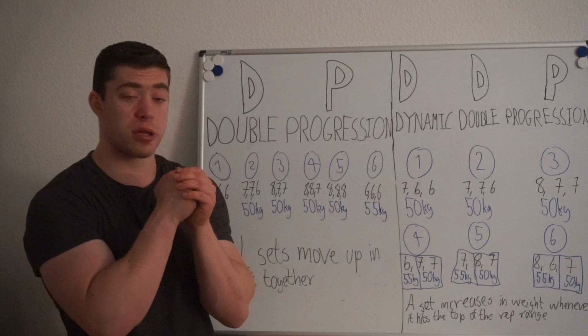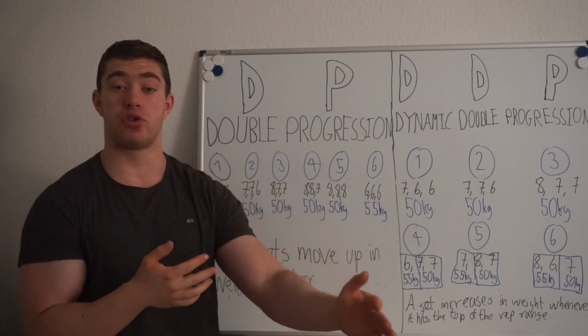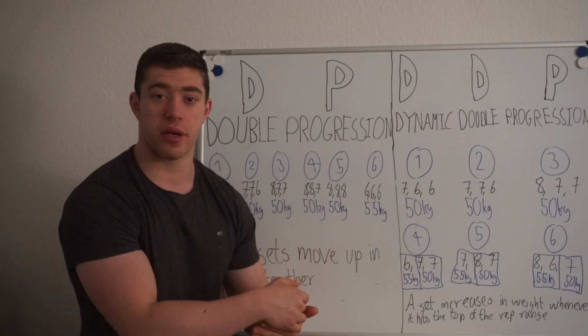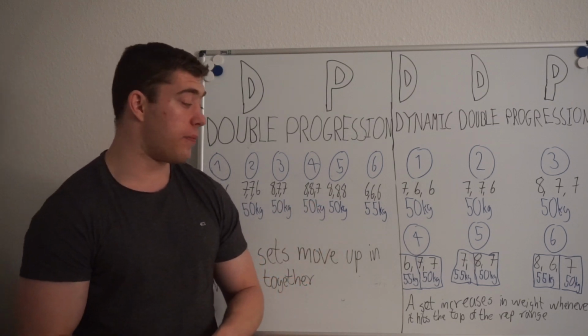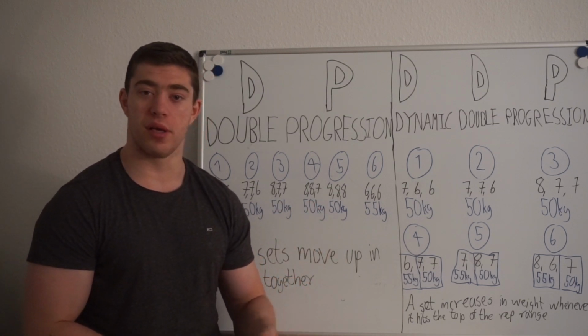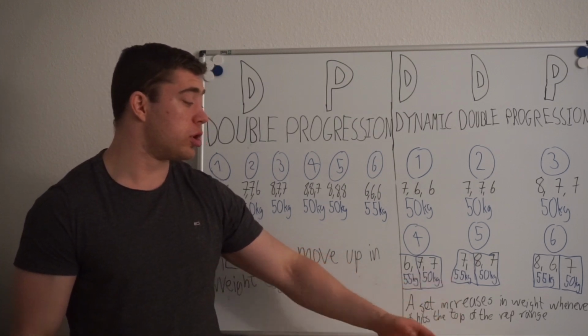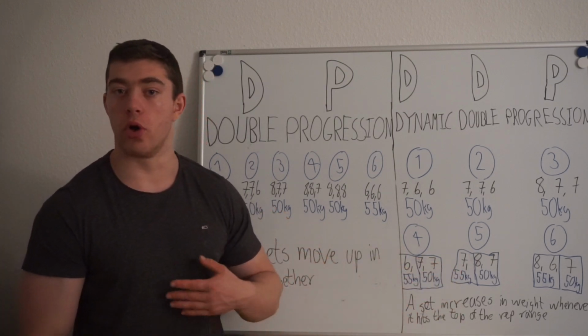So we have this really big jump in how much weight we're using for each independent set, which is going to be pretty crazy. It's quickly going to be a little bit all over the place.